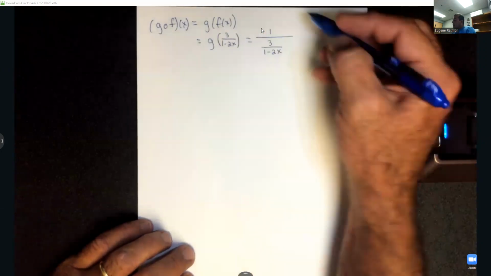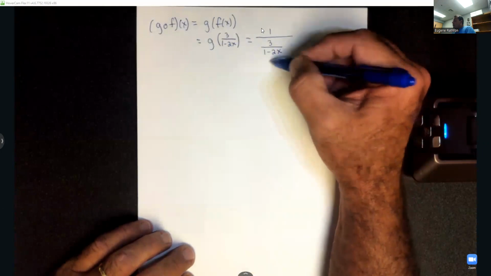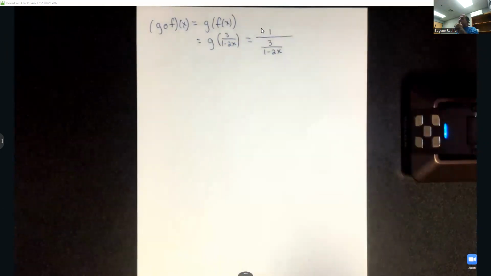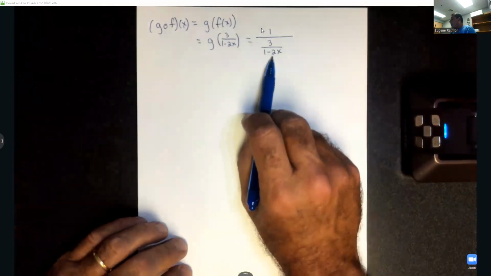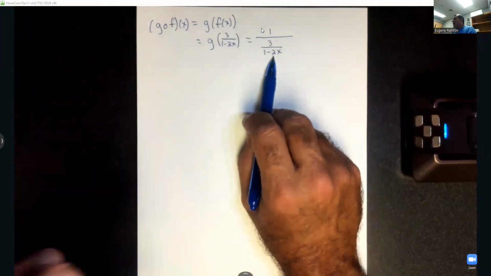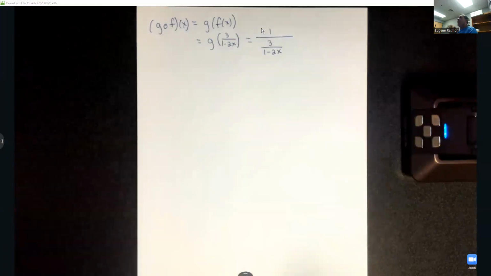So it still looks like my G equation, 1 divided by X. But remember, X is now that whole function. Now, y'all, this one, I can do different than the last one because I don't have like a little fraction inside of a fraction.